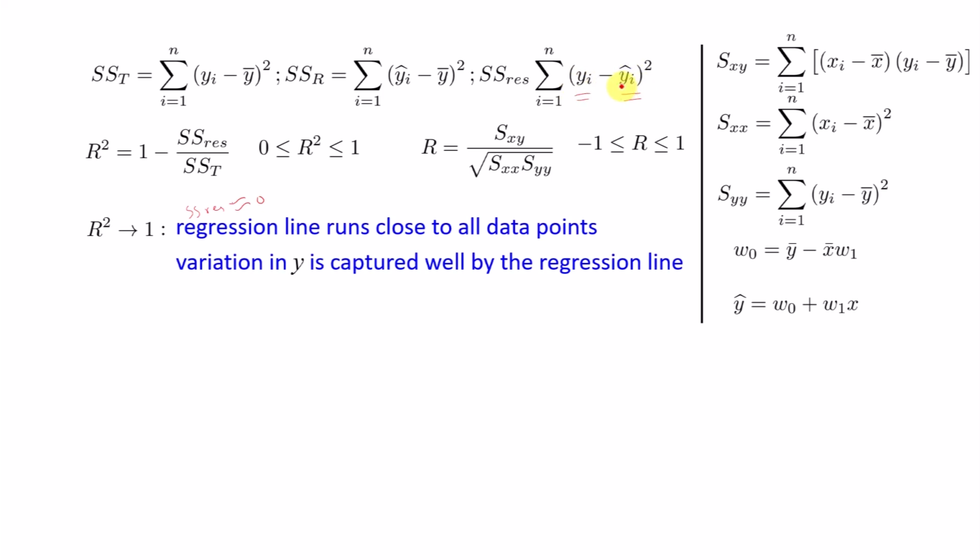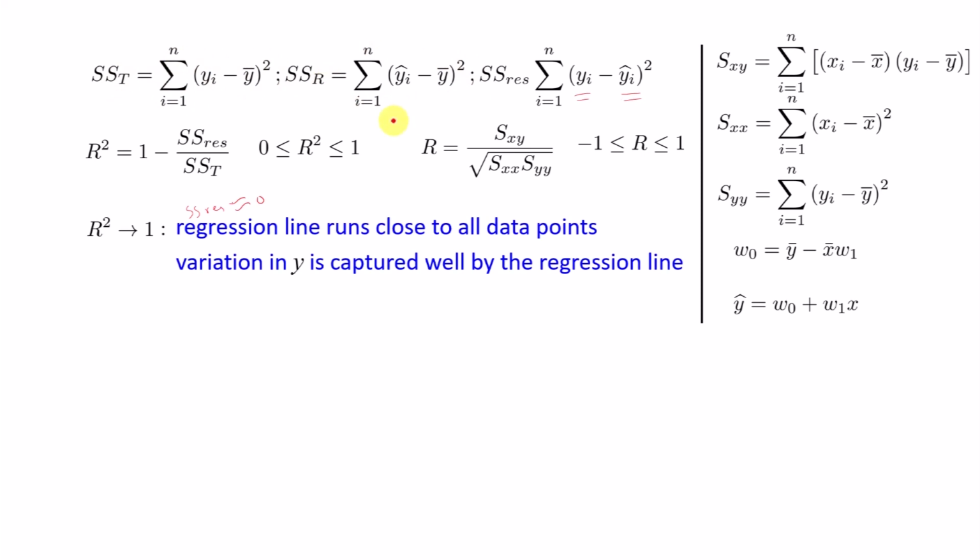When they are very close, then this term will be very small and R square will lead to 1. So it says that whatever the SST is, that is captured very well by SSR, which means that the variation in y that is given in the actual data, which is given by the SST, is captured by the regression line very well.